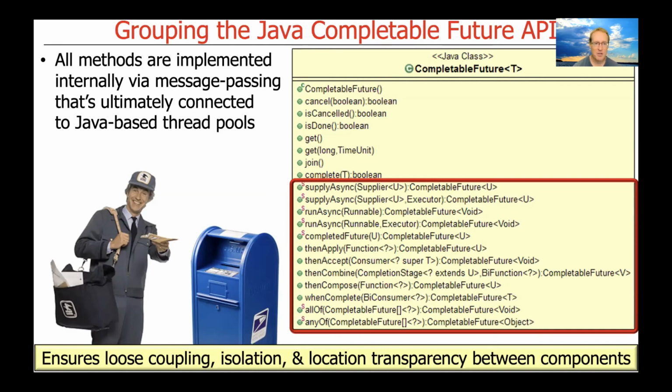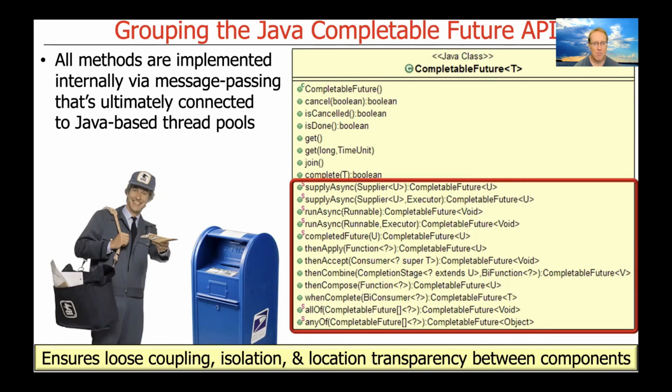All the methods that I just outlined, the different categories, the factory methods and completion stage methods and arbitrary-arity methods and exception methods, and for that matter, even the basic methods, they're all implemented internally using message passing that's ultimately connected with different types of Java-based thread pools. So once again, kind of going back to the principles that we've talked about earlier for reactive programming, the mechanism here is message driven, even though we have a nice method-oriented facade exposed by the Completable Futures class API itself.